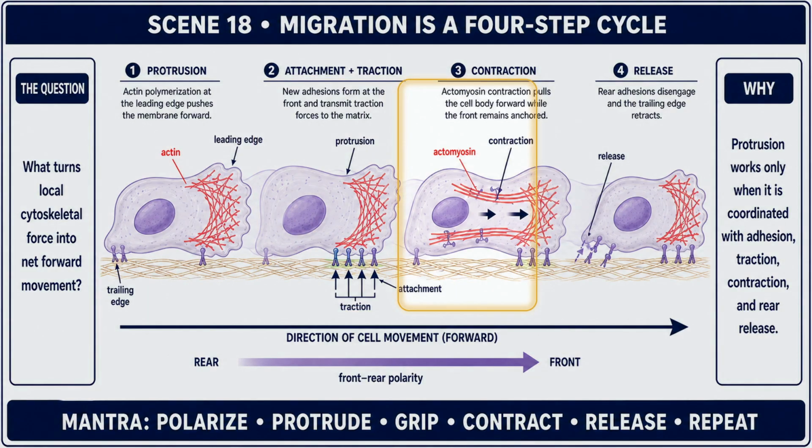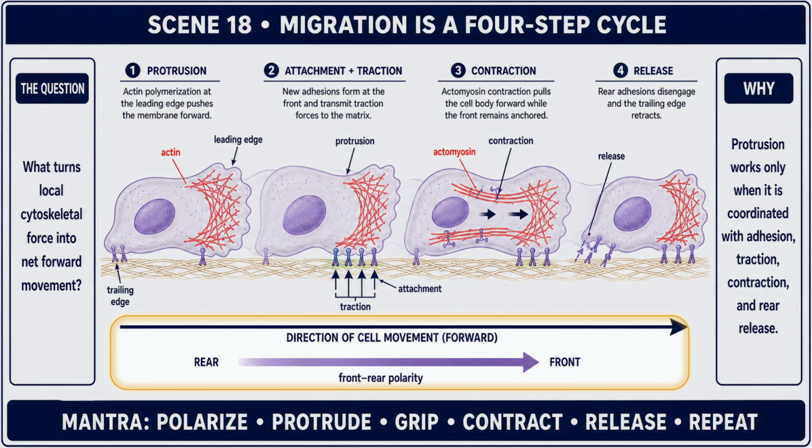Third, actomyosin contracts through the cell body. Because the front is anchored, that contraction pulls the body forward instead of merely shortening the cell in place. Finally, adhesions at the trailing edge release, and the rear retracts. Then the same sequence begins again.